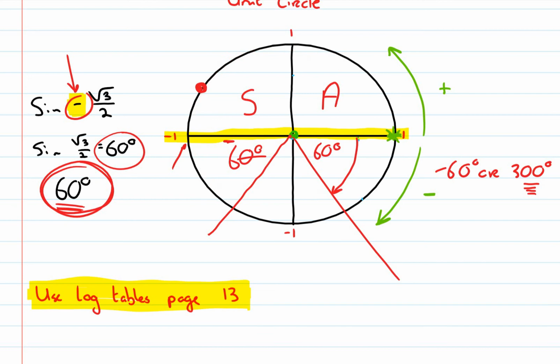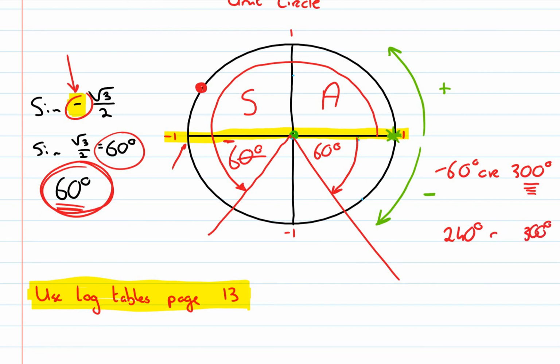The other one then, and again, I like measuring positively, so I'll go from here all the way around to here, which would be 180 plus 60, which is 240. So 240 degrees and 300 degrees.